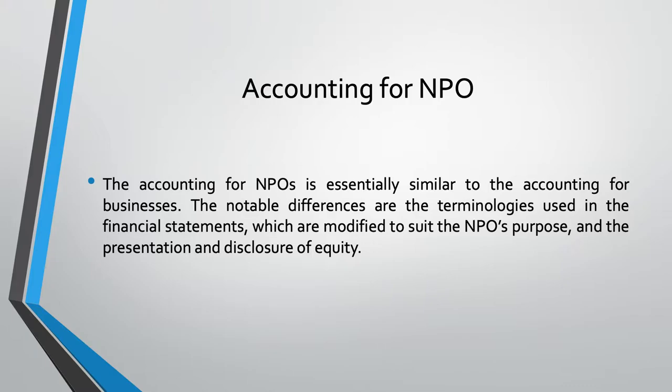It could be a civic organization, a professional organization, a homeowners association, or a corporation organized as not for profit. It's also an NPO, but it's managed by private entities, foundations, and these are also non-profit organizations.